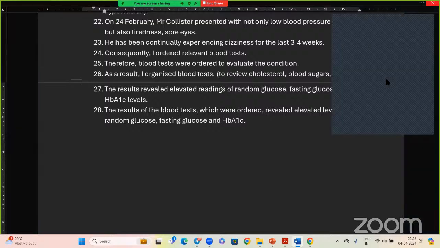Yeah, blood test showed the levels of cholesterol. So this is also right.